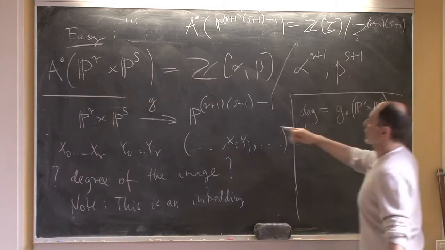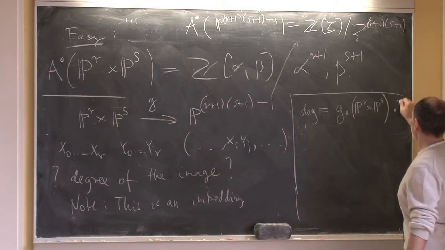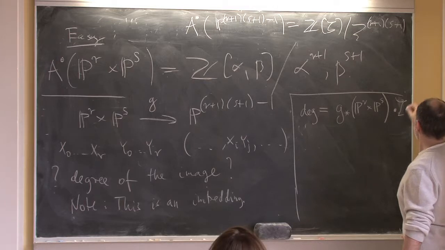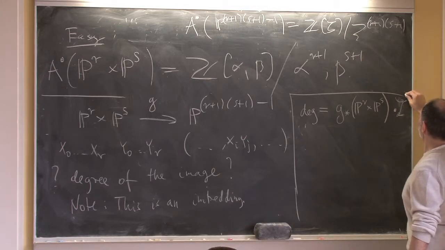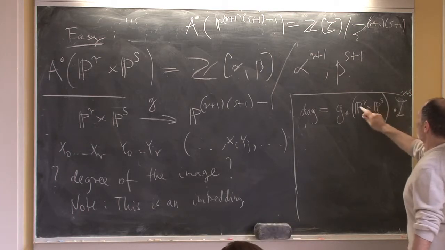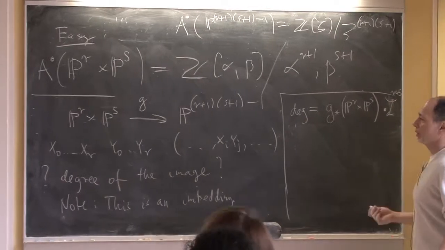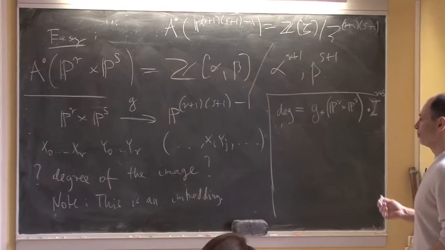Here's alpha, beta, and in the image it's zeta. So I'll multiply this by zeta to the power r plus s, which is the dimension of this thing.